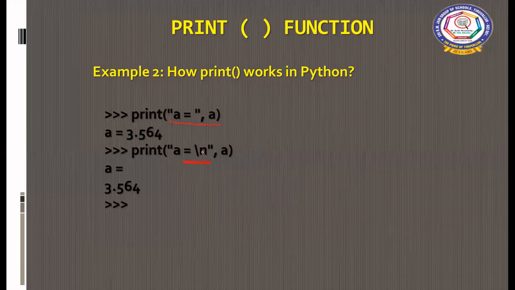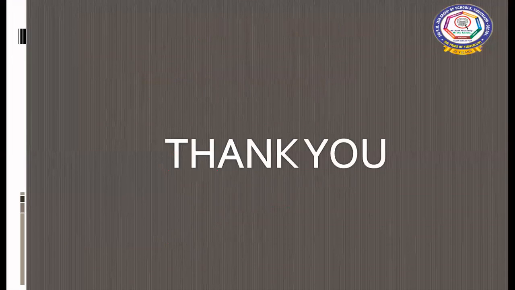It takes your cursor to the next line. So from this statement you will get as output a equal to, and in the next line it takes the value of a, and 3.564 gets printed in the next line, as it reads the non-graphic character /n, which shifts the cursor to the next line.